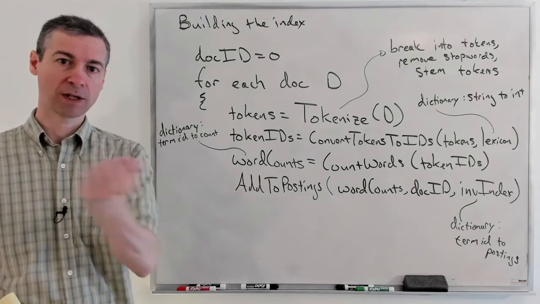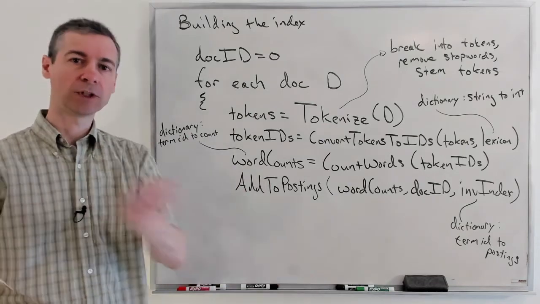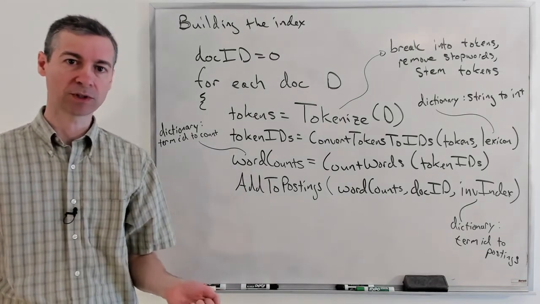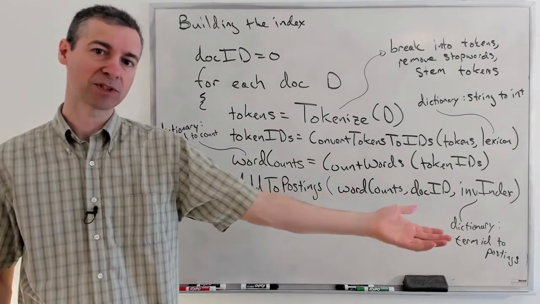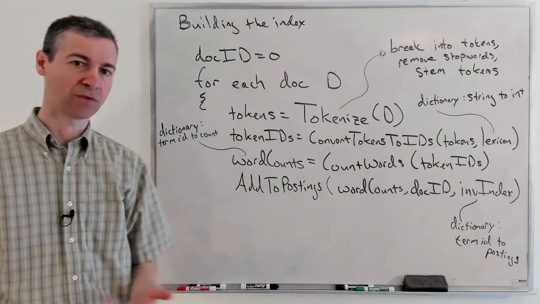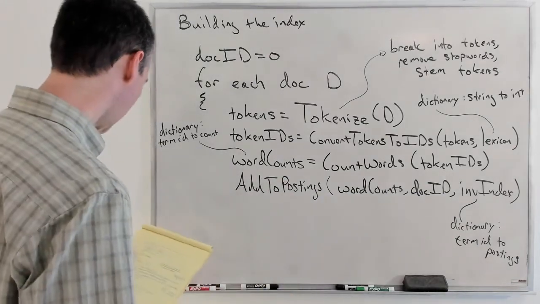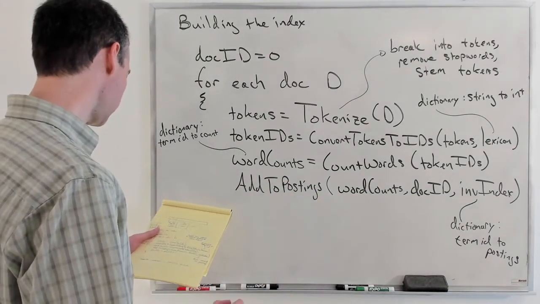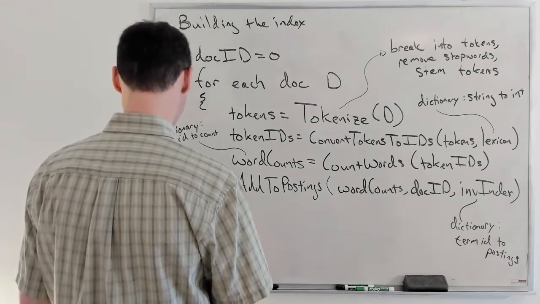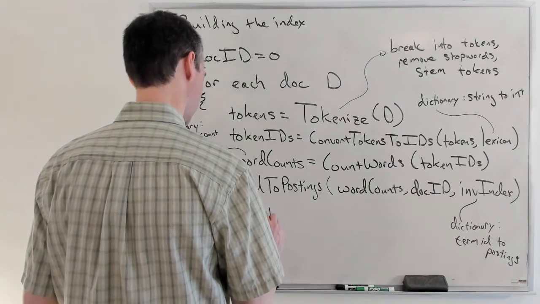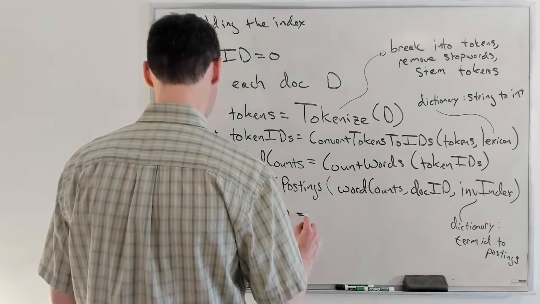So we have it in that direction. We want to invert that information. We want the inverse of it. We want to know, given a term, what are all the documents it occurs in. So that's the inversion that we're doing. All right, then we just simply increment our document ID and we move on and we process the next document.